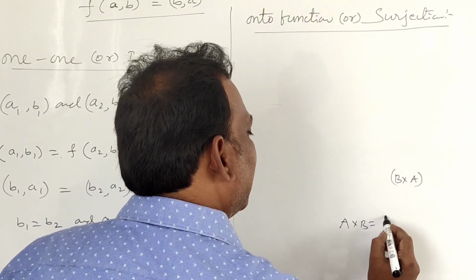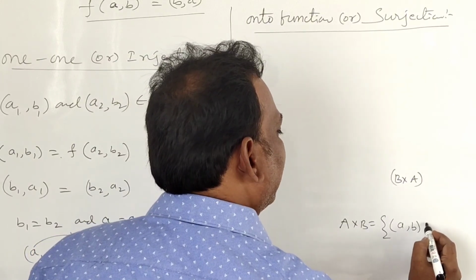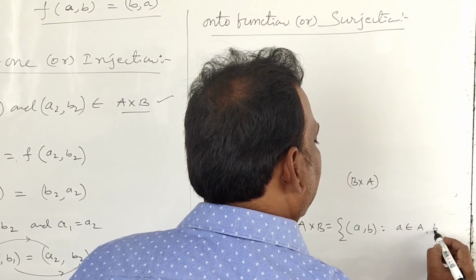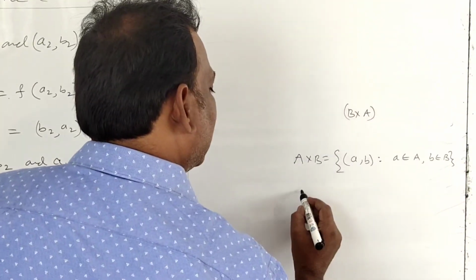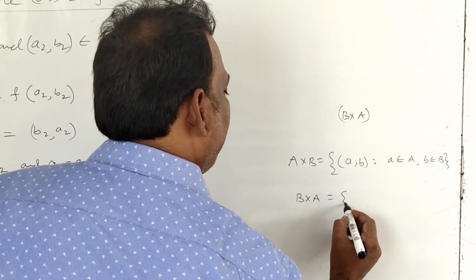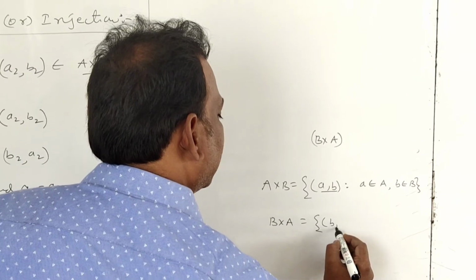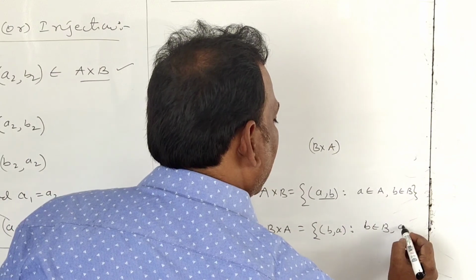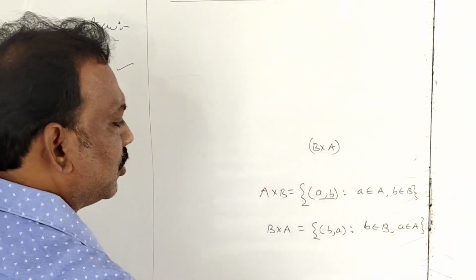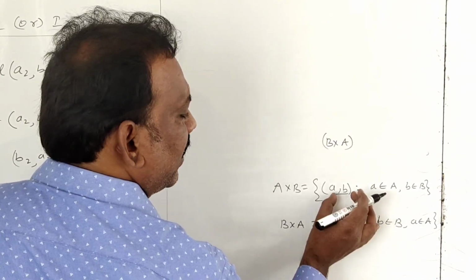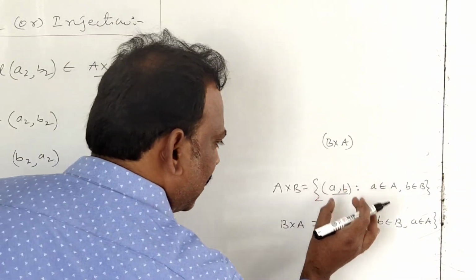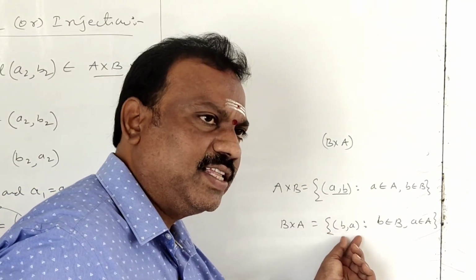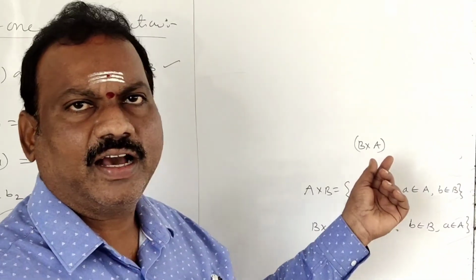A cross B is nothing but any ordered pair of the form AB, where small a belongs to capital A, small b belongs to capital B. So for B cross A, this ordered pair is in the range, codomain, interchanged: small b belongs to set B and small a belongs to set A. Correct, students? So if BA exists, definitely AB is also possible. If AB is possible, definitely BA is also possible. That's why for any pair in B cross A, a pre-image exists in A cross B, obviously.